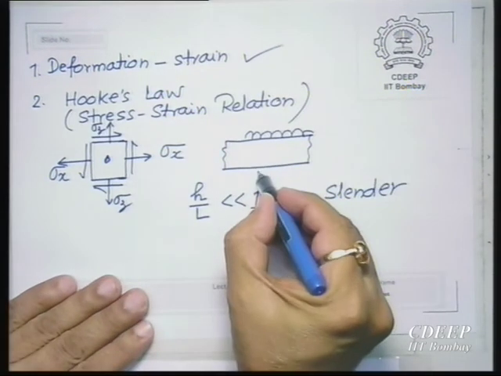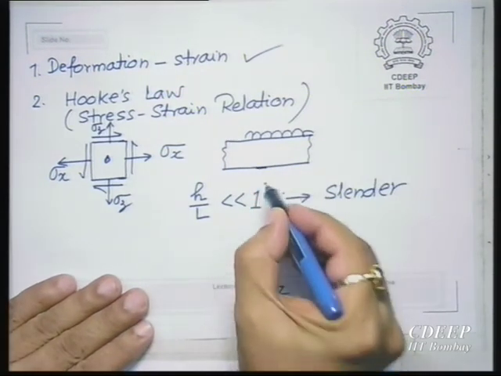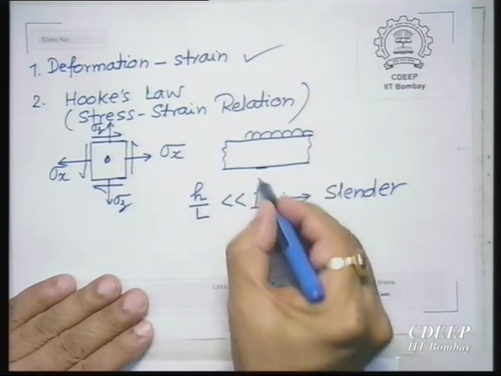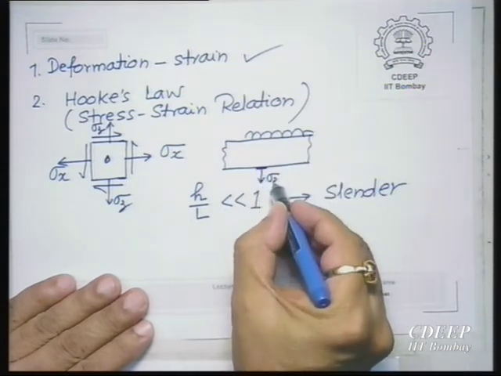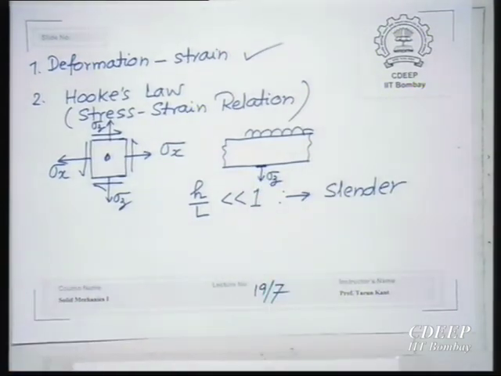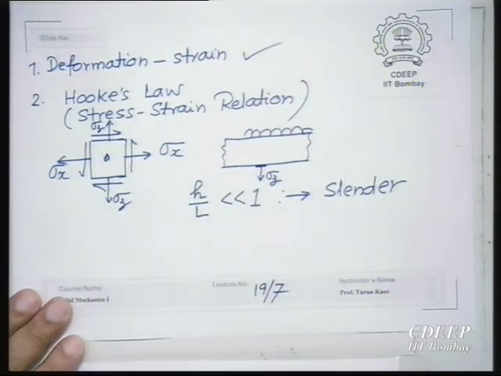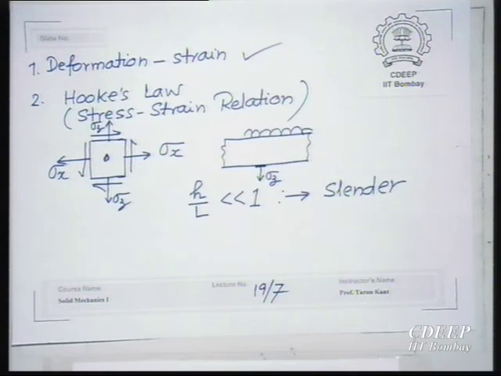Let us say the load is on the top. What is the value of sigma z here at the bottom? This is sigma z on a normal plane, yes. Sigma z is 0. It is a free surface. There is no load applied. So this is 0.